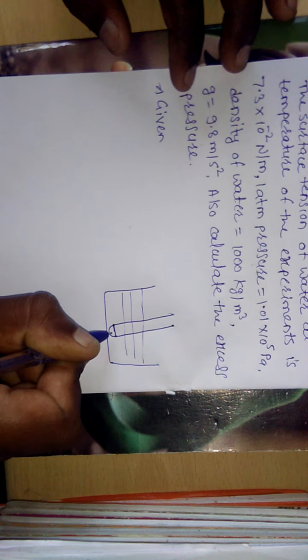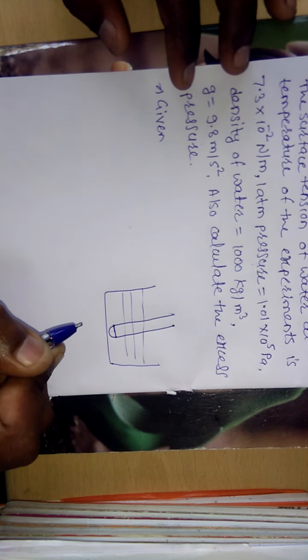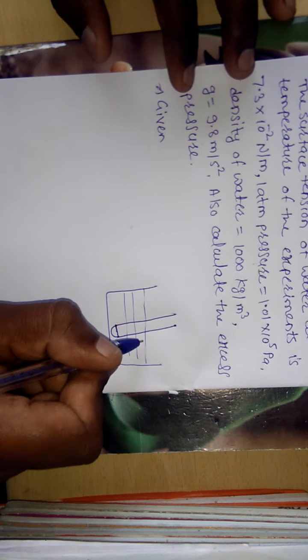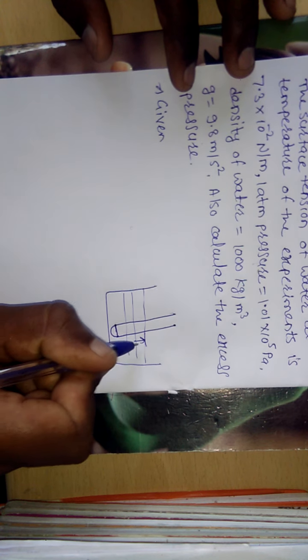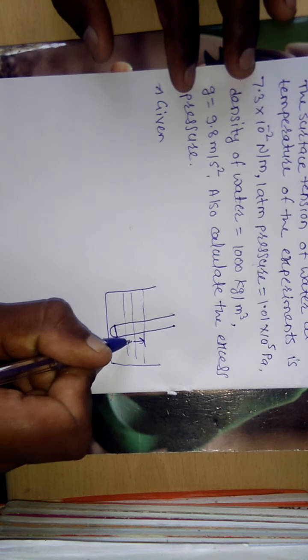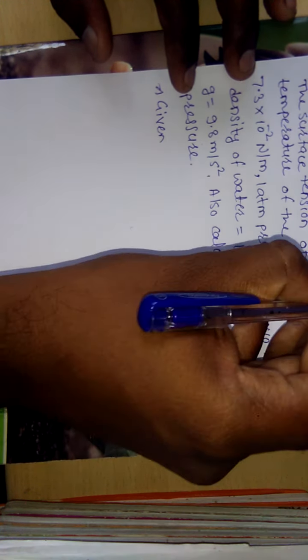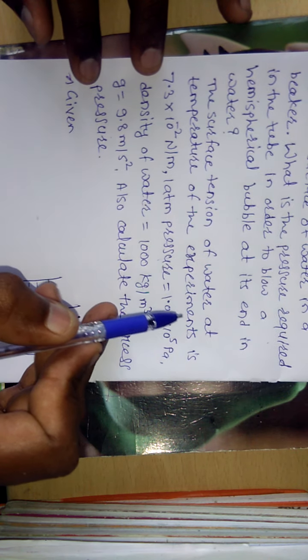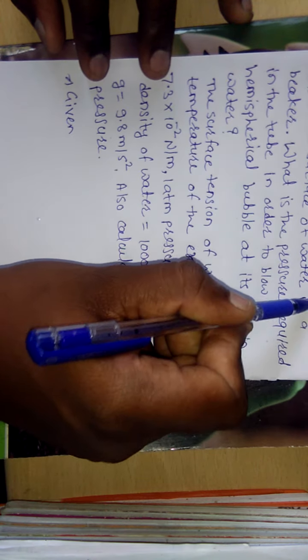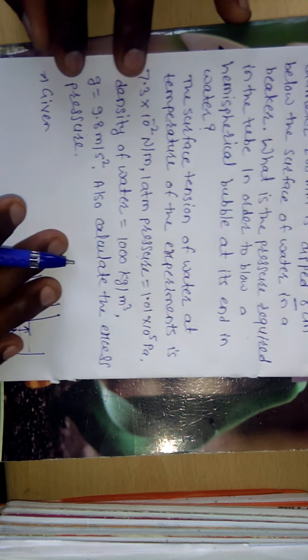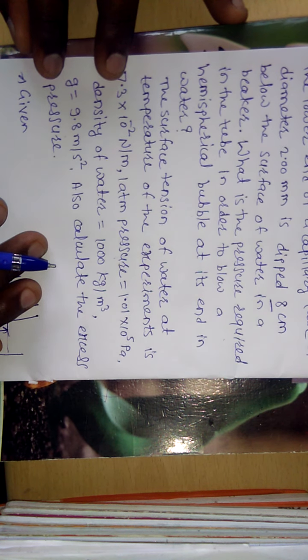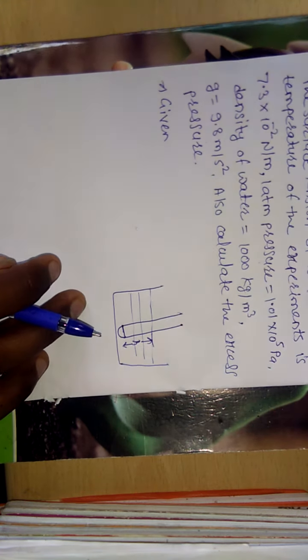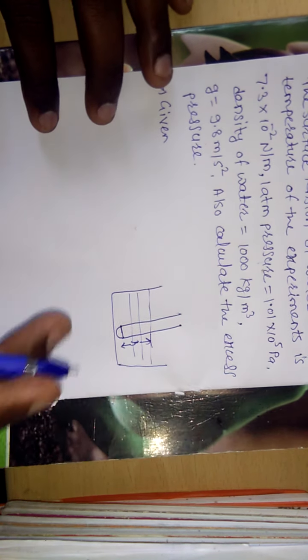This lower end is at a height h which is equal to 8 centimeter, meaning the bubble is formed at a depth of 8 centimeter below the water.